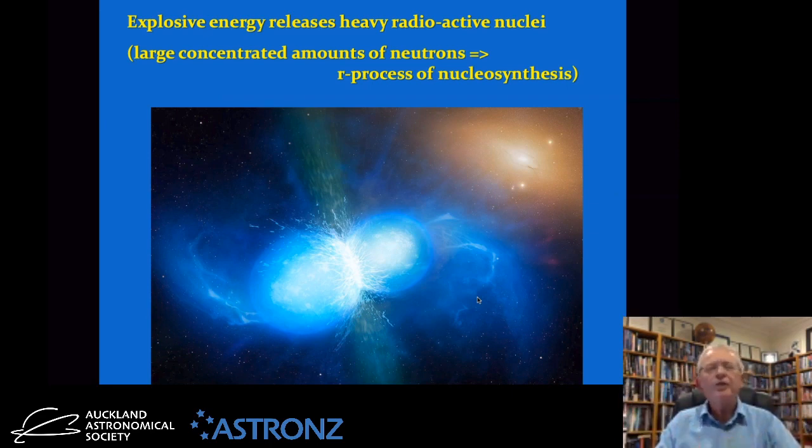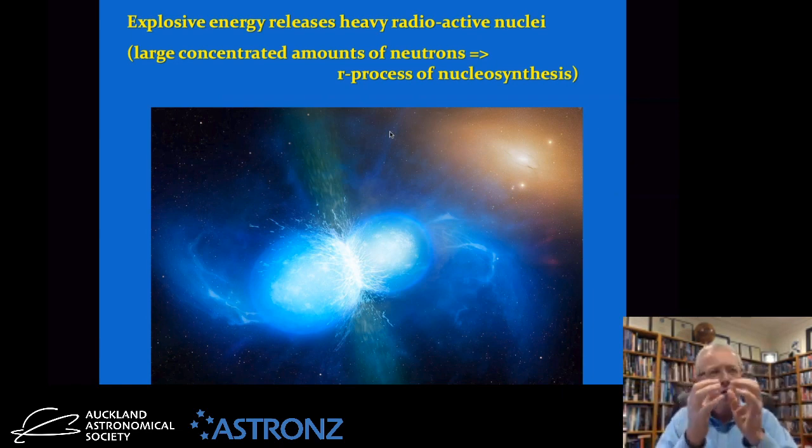What are those neutrons going to do? They're just going to get rammed together. And what does that do? It's called the R process, which, in a couple of months' time, we'll talk about S process, R process, and so on, a condition called neutron capture, whereby the neutrons just start capturing one another and building up, building up, building up.